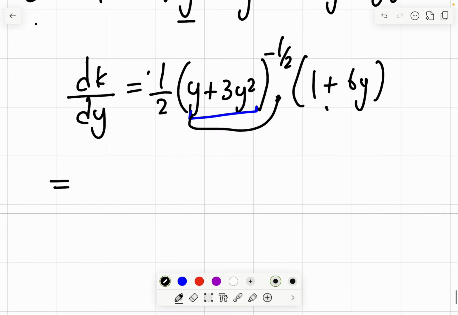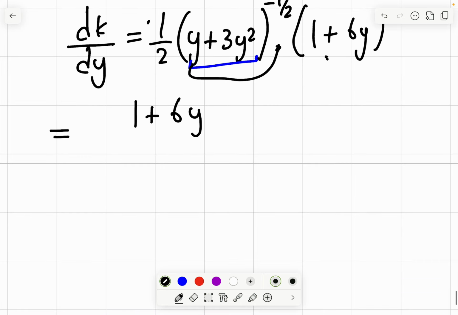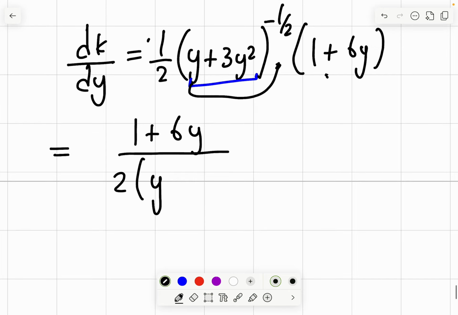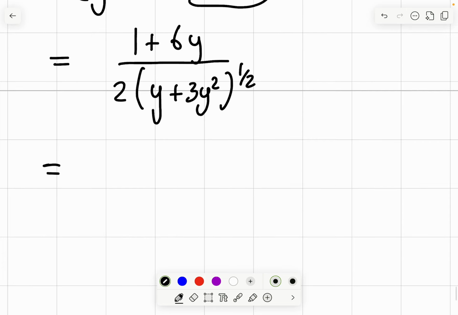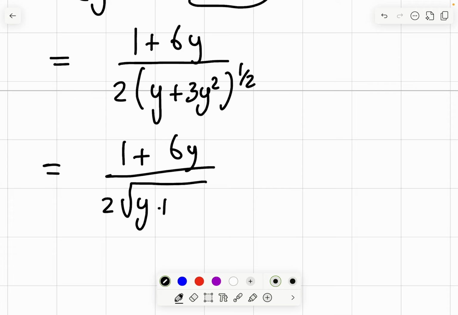I'm going to have 1 plus 6y all divided by 2 times y plus 3y squared raised to 1 over 2. That thing is the same as 1 plus 6y divided by 2 square root of y plus 3y squared.